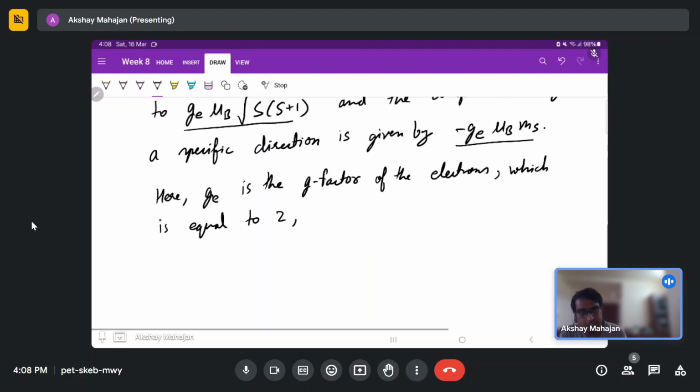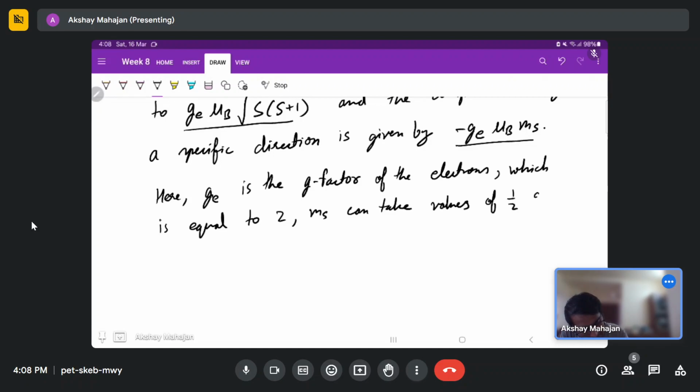So we are taking the g_e factor to be 2. For electrons, g is around 2, and m_s can take values of half and minus half, and mu_B is the Bohr magneton.